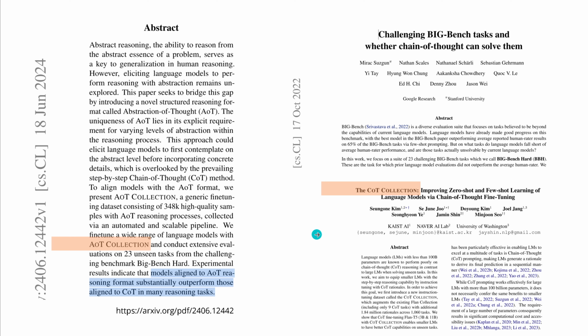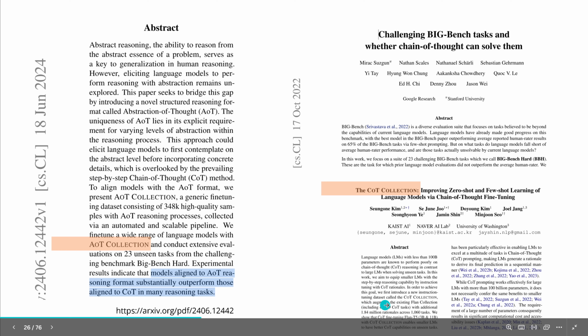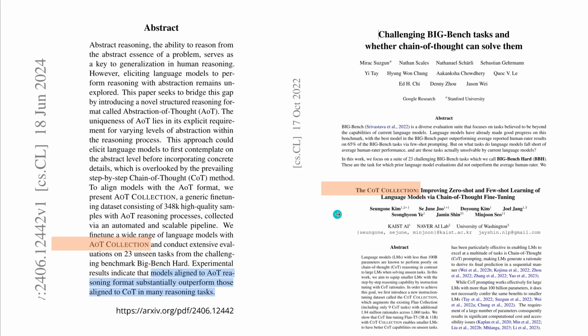They went with the chain of thought collection, and here you have the publication, where they have 1.84 million rationales across 1060 tasks. So beautiful, we have a standard chain of thought collection we can use as a dataset to be fine-tuned on.